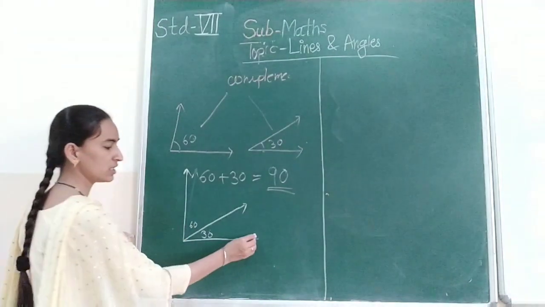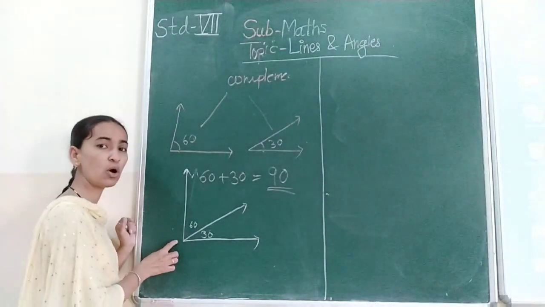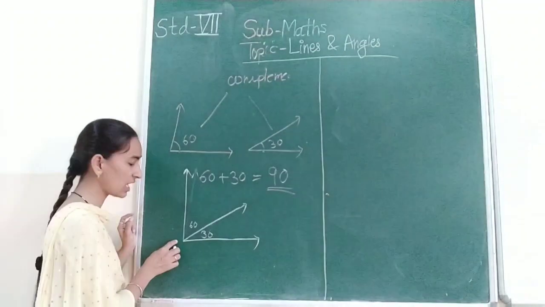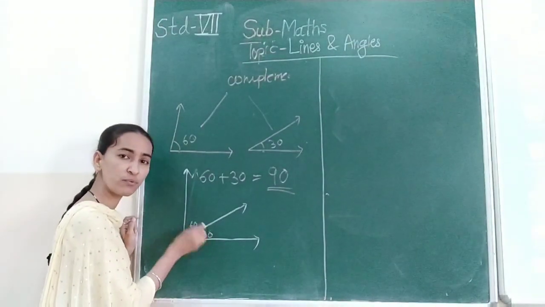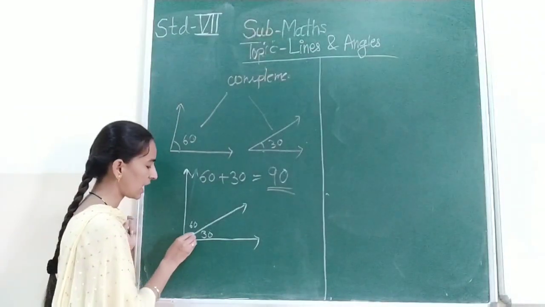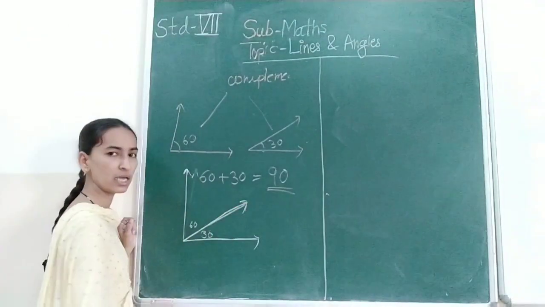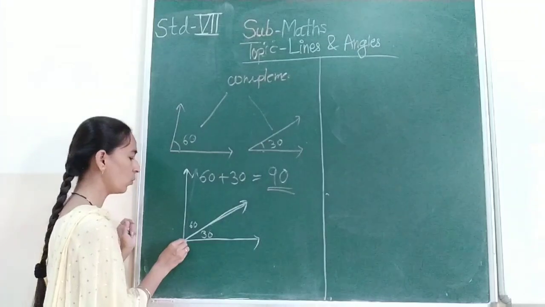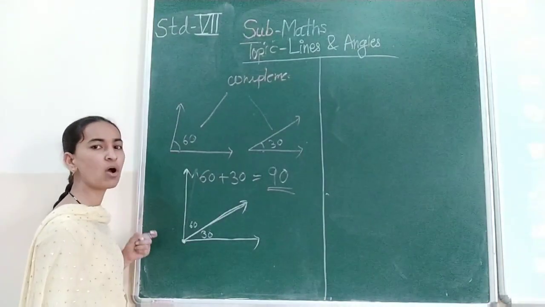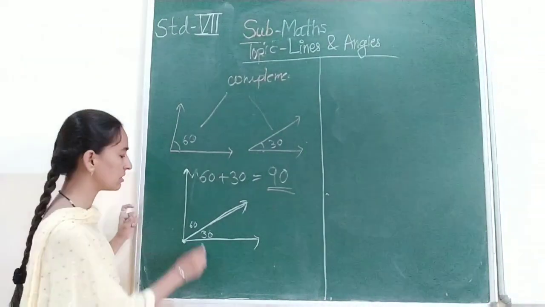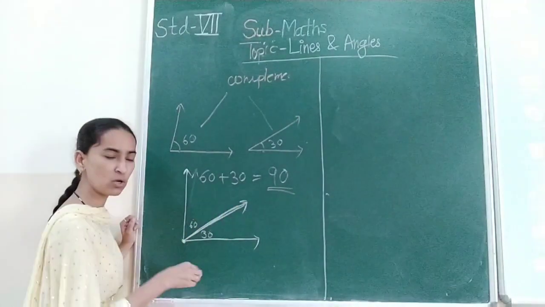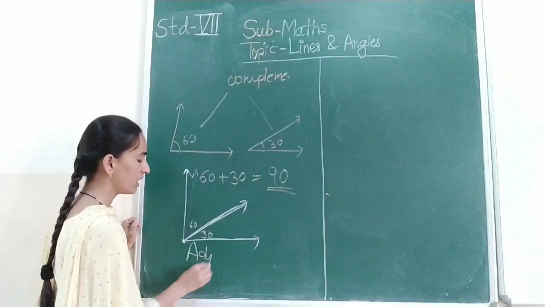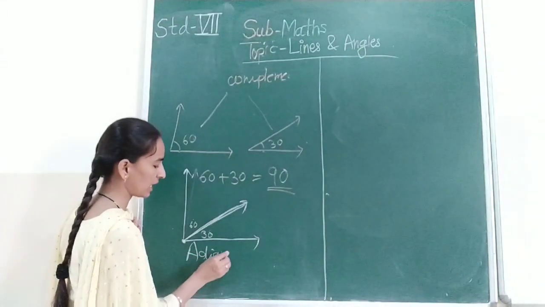And this type is also an adjacent angle. Adjacent angles are neighbors of each other. They have a common arm and a common vertex. That means neighboring angles with a common arm are called adjacent angles.